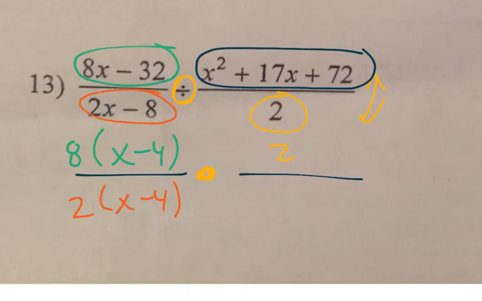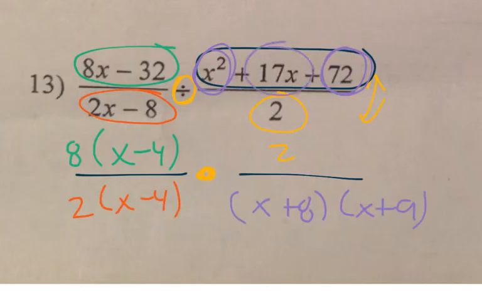And that is what we call FOIL backwards, right? So I'm just going to do x times x for that x squared right there. I'm going to do 8 times 9 because that's 72. And I know I got a plus 8 with a plus 9 to get plus 17. And let's see what we can come up with here. Again, everything's timesing straight across.